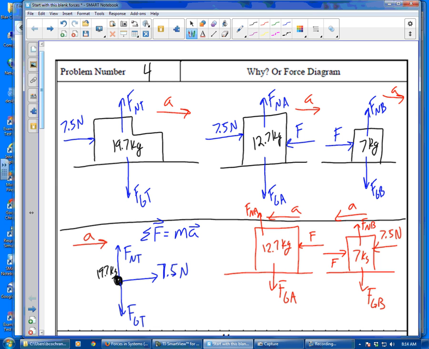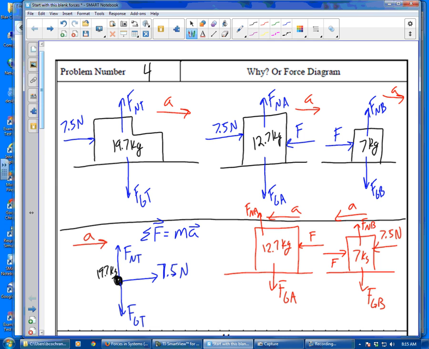The way I tend to look at it is I look at the top one here, the one in blue and black, and say, oh, F, the force, is what's creating the acceleration of the 7 kilograms. So it's going to be a certain size. Now F is the only force creating the acceleration of the 12.7 kilograms. So if it's creating the same acceleration, it's going to have to be a larger force because it's causing the same acceleration in a greater amount of inertia.